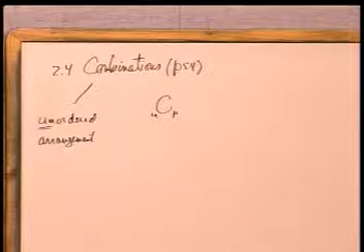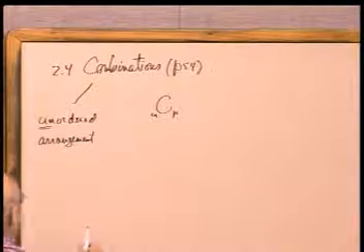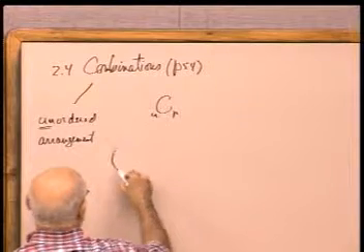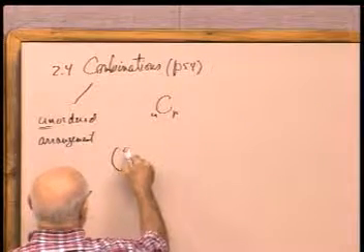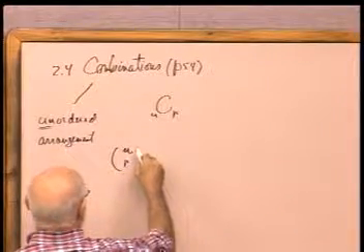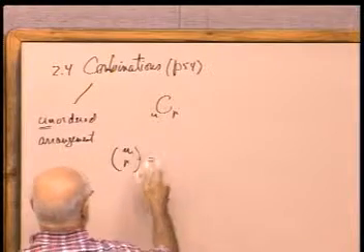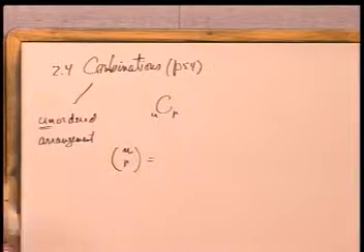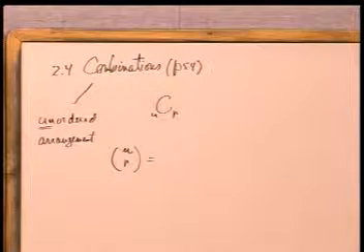So first thing I'm going to do is define something else. I'm going to define this symbol. There's an n, there's an r. And in fact, it'll turn out that this and this are the same thing, and these notations are used interchangeably.